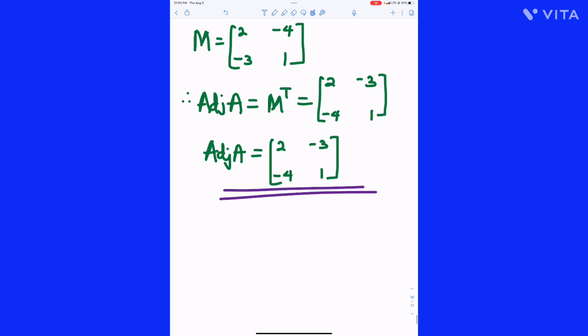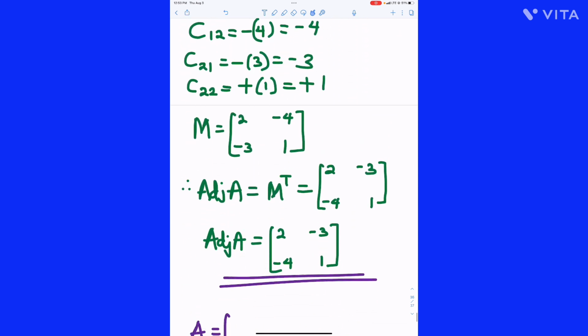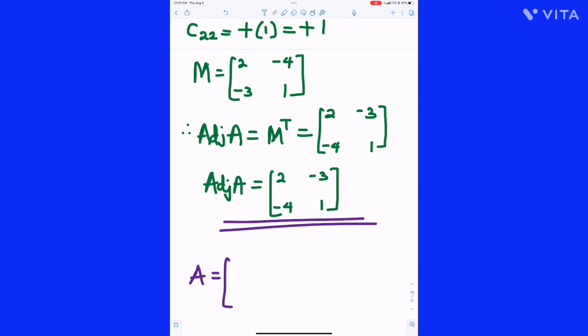Now notice that there's a pattern here. Matrix A is 1, 3, 4, 2. But the adjoint of matrix A is 2, minus 3, minus 4, 1.